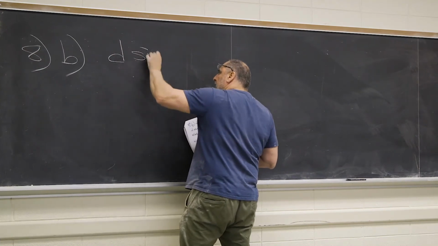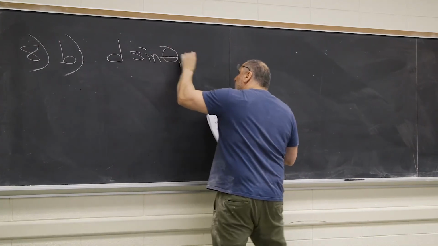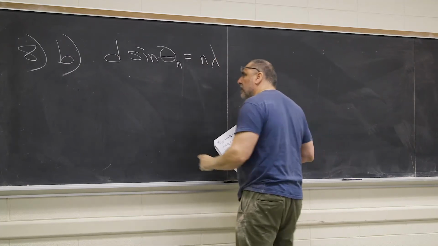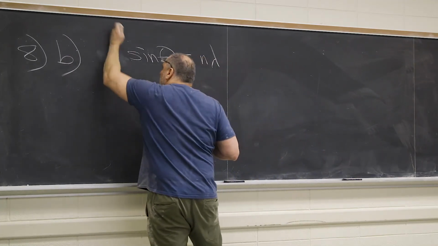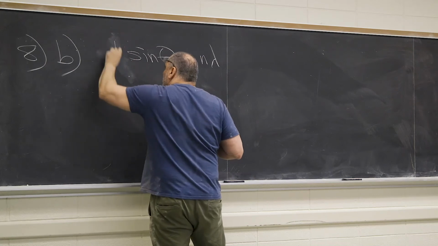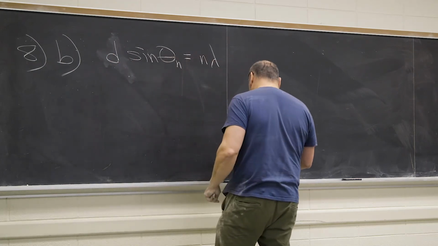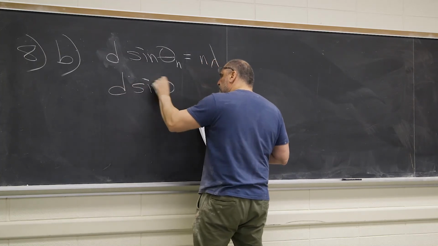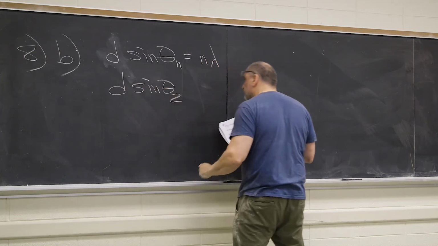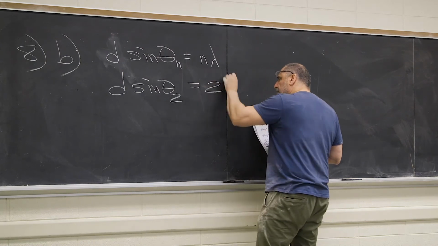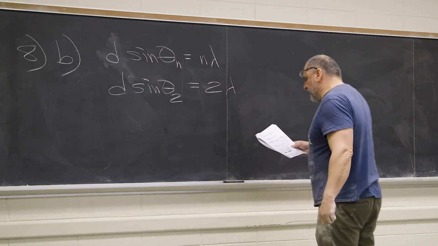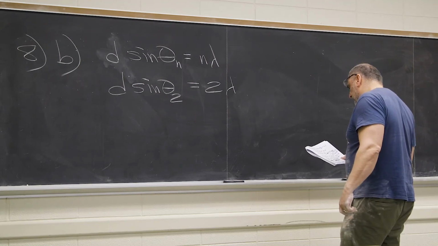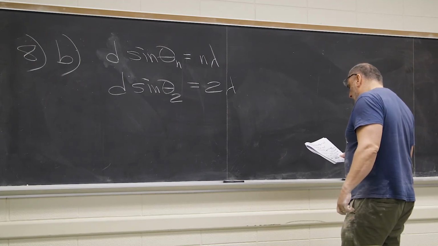D sine theta n, yeah, there's going to be a 2 lambda path difference. This tells us what the path difference is.